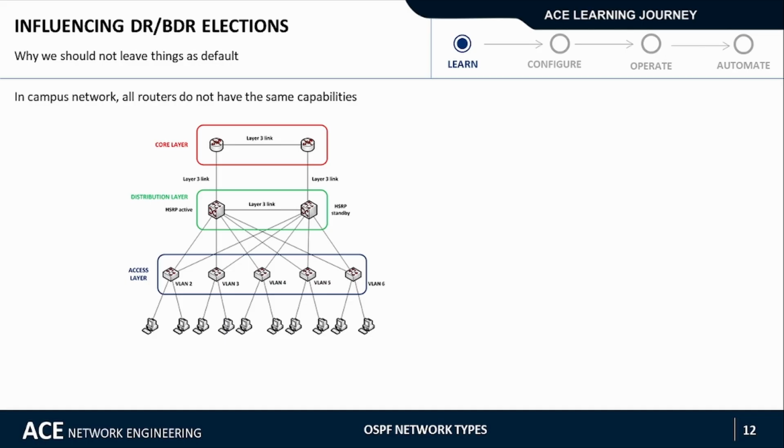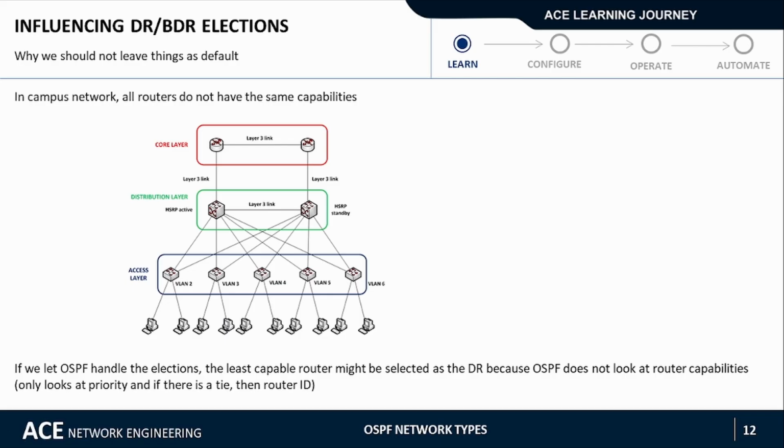So why should we not leave things at default? We should at all times try to influence this DR-BDR election, because one thing we note in a campus network is that our routers do not have the same capabilities and roles. You always have some powerful routers in your core, and then maybe less powerful routers at your access.